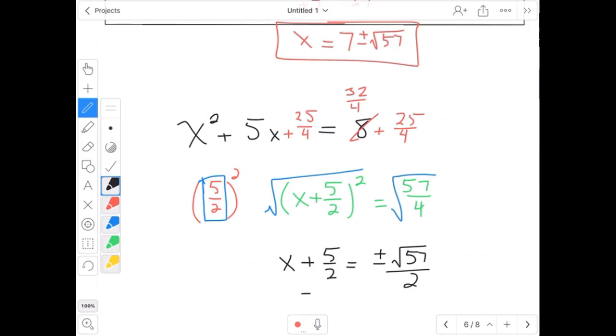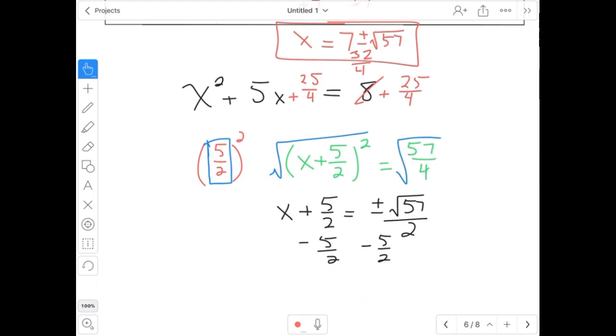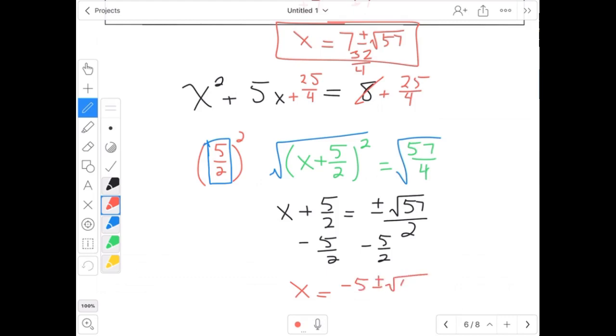Okay, now I would subtract 5 halves from both sides. Don't be afraid of fractions. They do not bite. So x is equal to negative 5 plus or minus square root of 57 all over 2, because those denominators are the same. So that's what our answer would look like in this case.